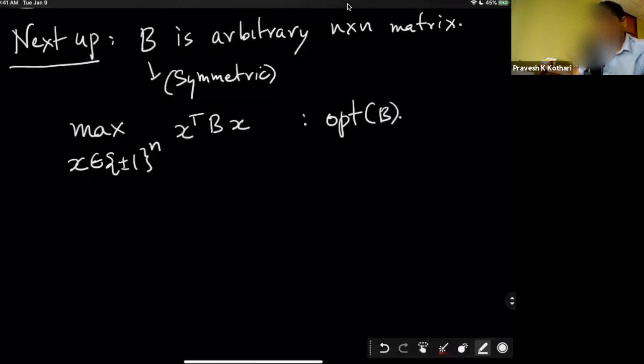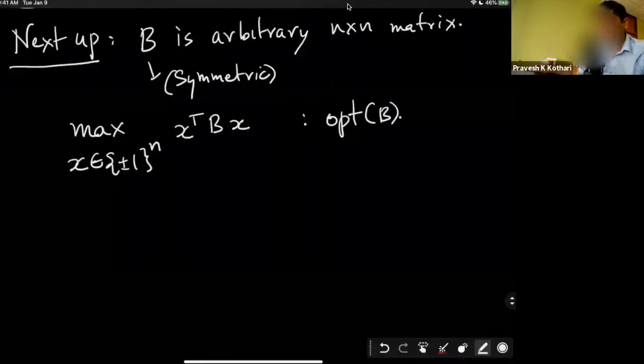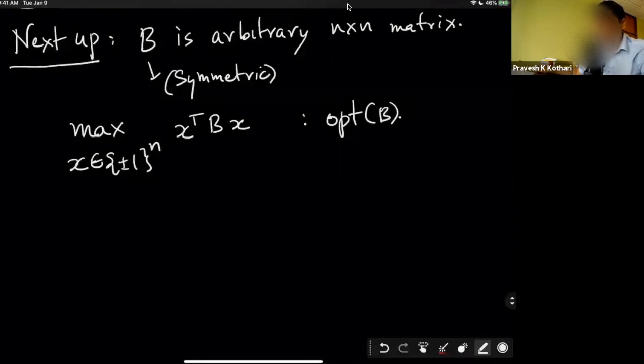And why am I even asking that? Well, because it becomes important when I'm stating approximations as ratios. I'm giving you multiplicative approximations to optima of these problems. If the optimum happens to be negative, then the meaning of approximation ratio completely flips around.